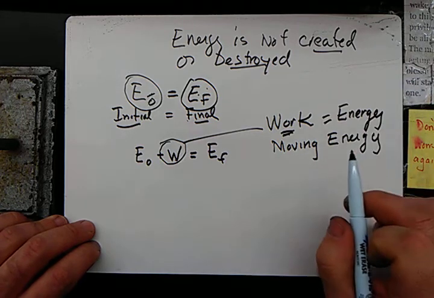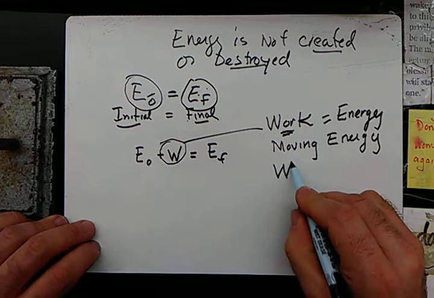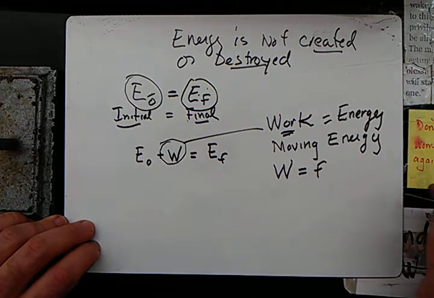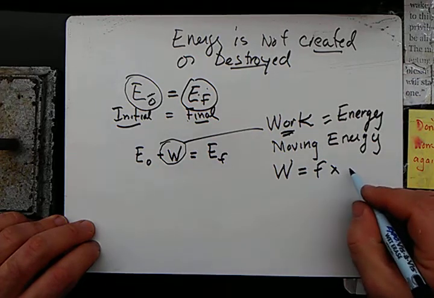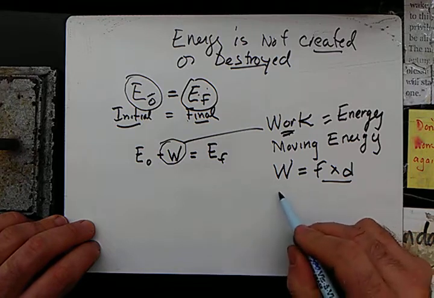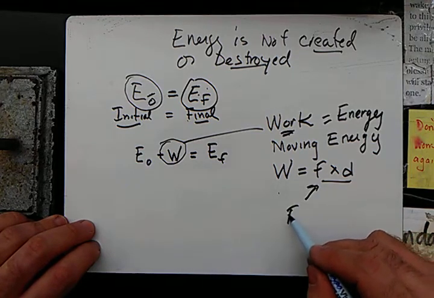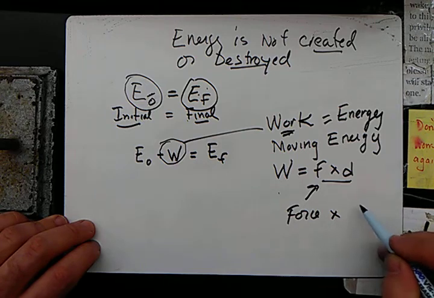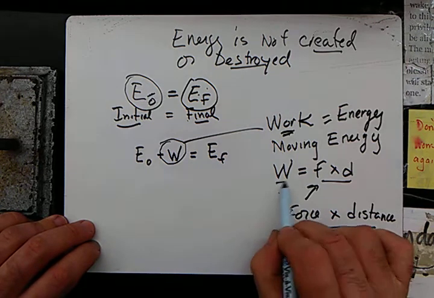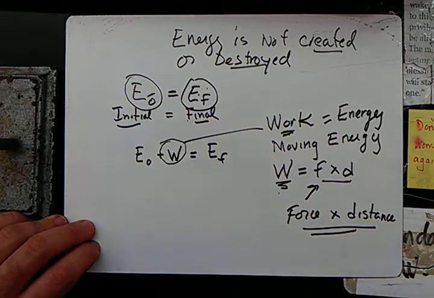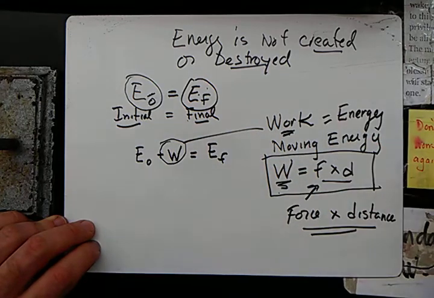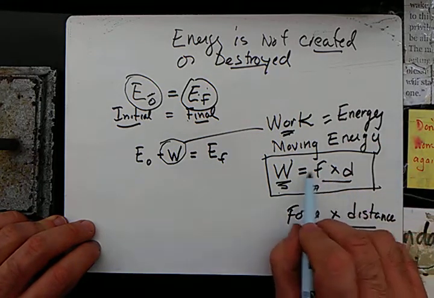And it turns out that work equals a force, which we've learned already what forces are, multiplied by the distance the object actually moves. So this is force multiplied by distance. So when we do work to an object, we're moving it a distance. It'd be important to take this one down in the notebooks.